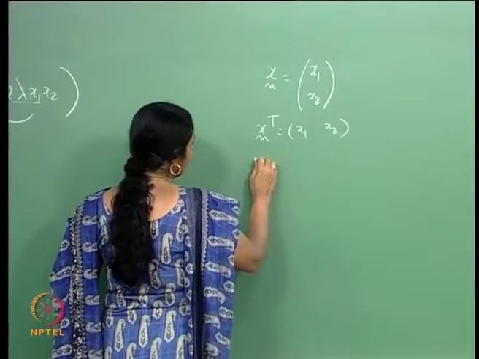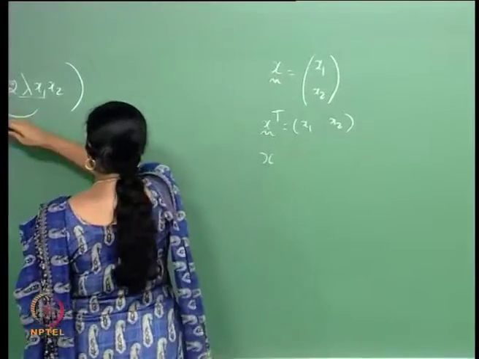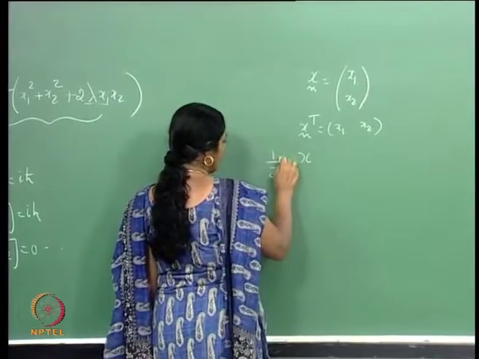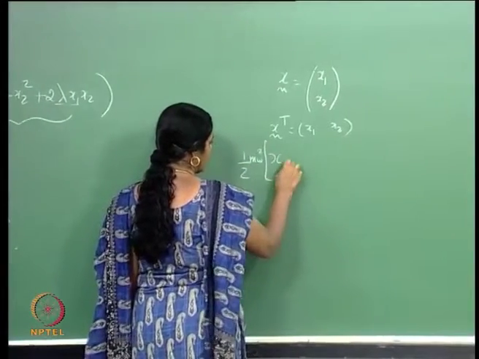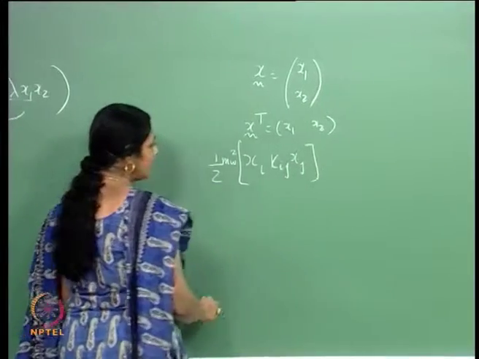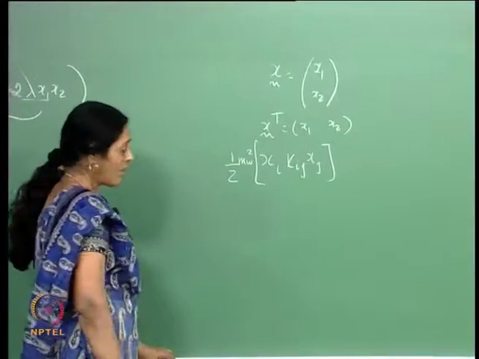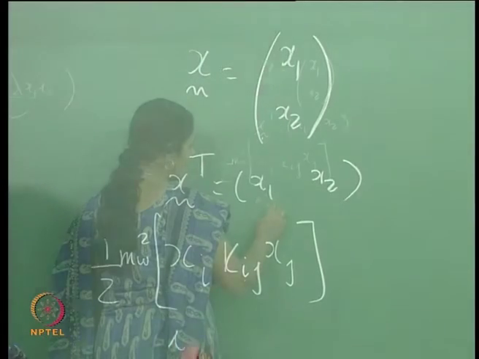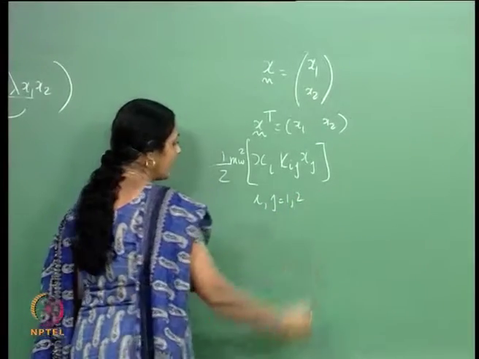So basically, I write this whole thing, the potential term, as half m omega squared x_i K_ij x_j. Note that I have summed over repeated indices, and i and j take values 1 and 2.